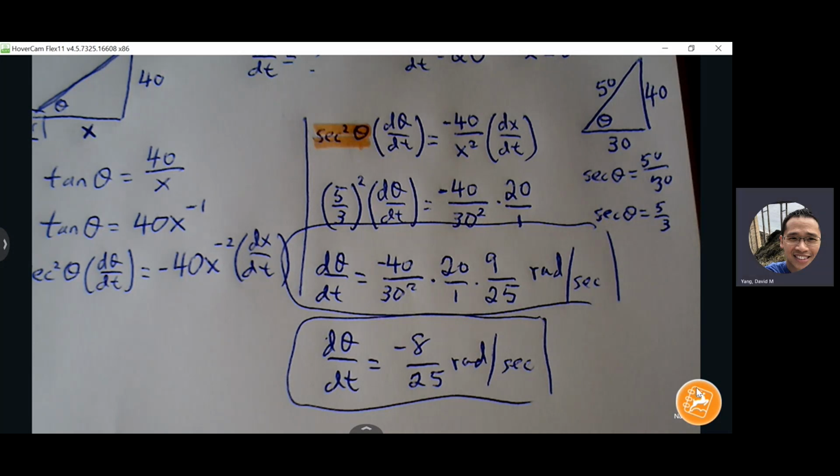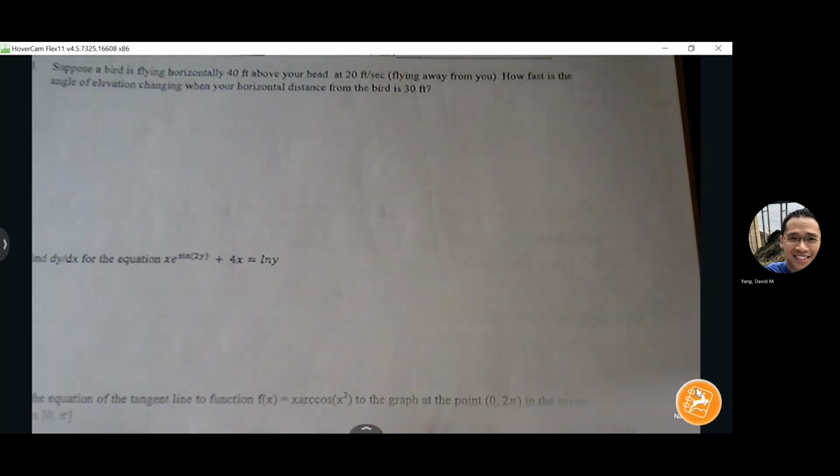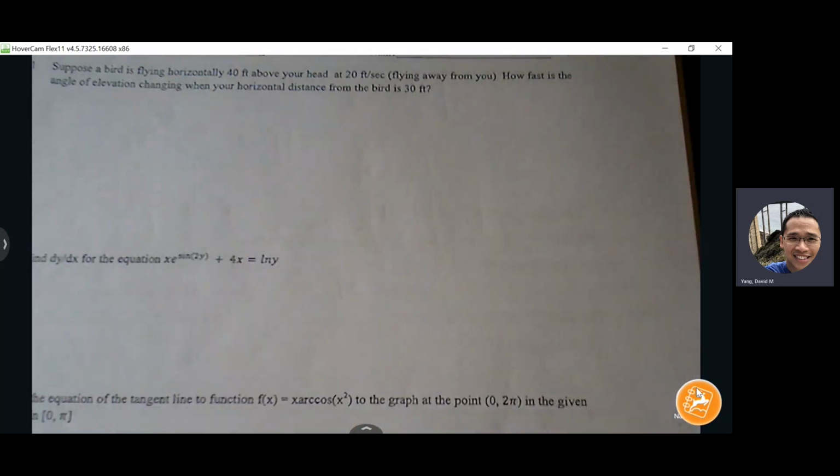Okay, number 2, find the derivative for x e to the sine of 2y plus 4x equals natural log of y.